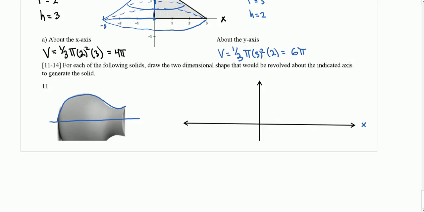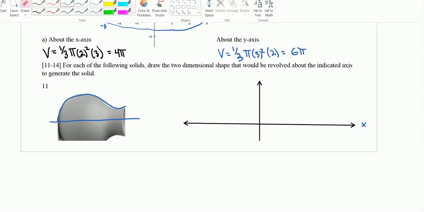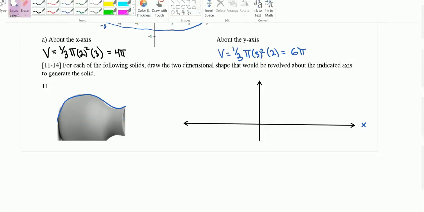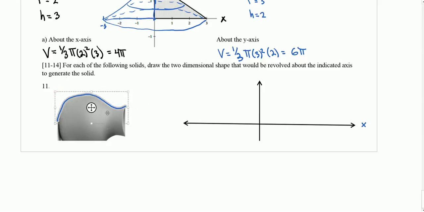Really what I'm going to do, I traced it. I'll grab that piece, bring it right over here to the x-axis, and so that's all we need. If I revolve that and spin that around the x-axis, it's going to generate the shape we have here.